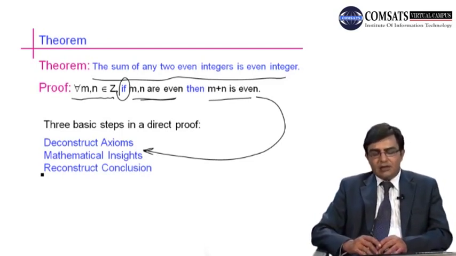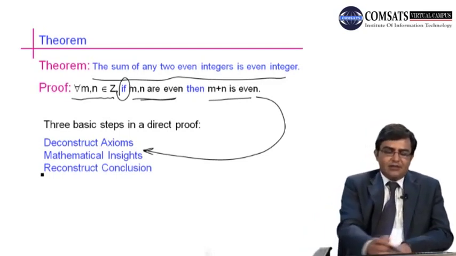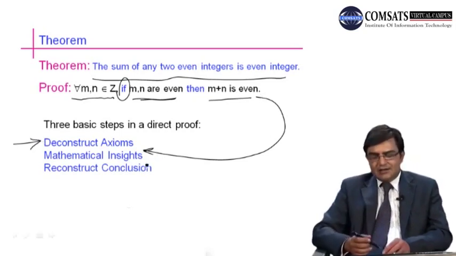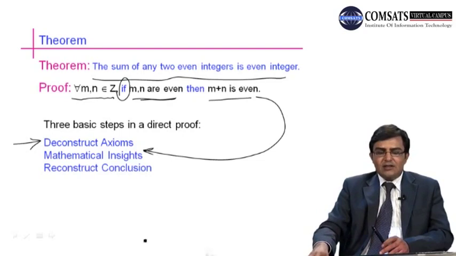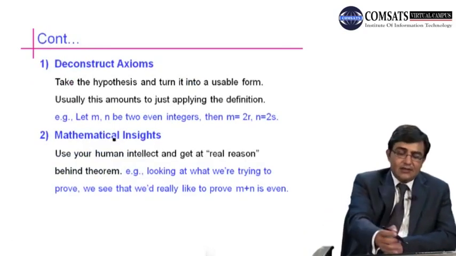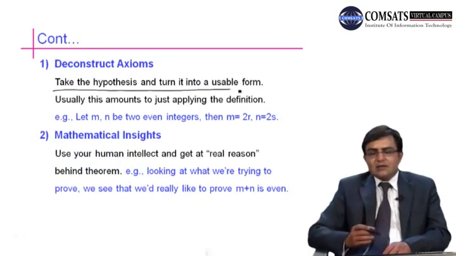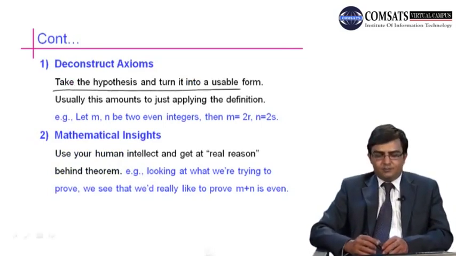If we take up this step in more detail, then first of all, in this step, deconstruct axiom, we write the given statement into a universal conditional statement, and then, as I explain here on the next slide, take the hypothesis and turn it into a usable form. And usually this amounts to just applying the definition.